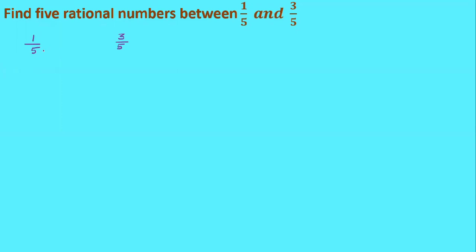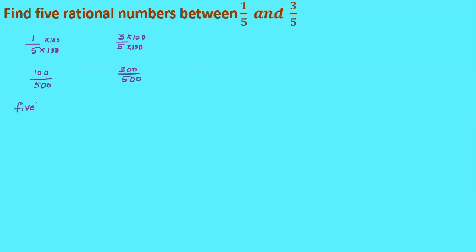If I multiply by 100, the denominator will become 500. So for this rational number also you have to multiply by 100 to make the denominators equal. So 1 by 5 becomes 100 by 500. 3 by 5 becomes 300 by 500.